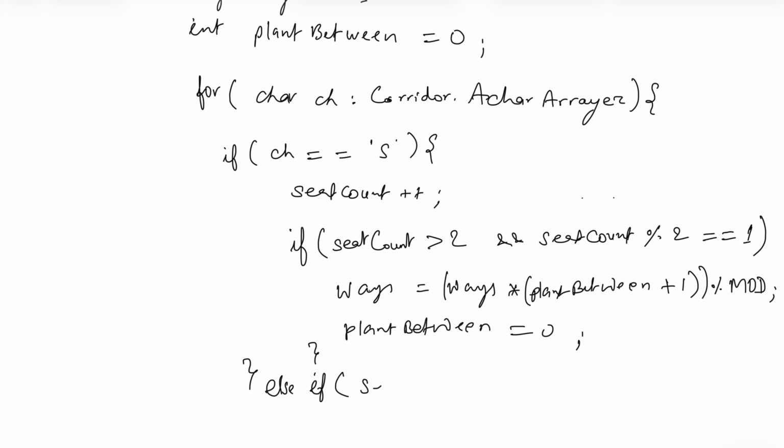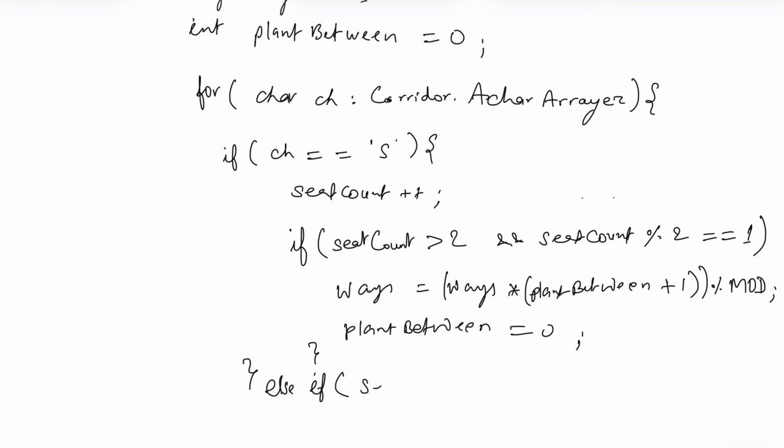Let me tell you what we have done till now. Now try to understand. We know that this is a corridor and this is the string we have been given. We will take the mod because we have to take the modulus after the result, 10 to the power 9 plus 7.